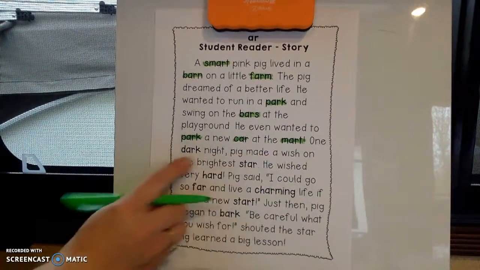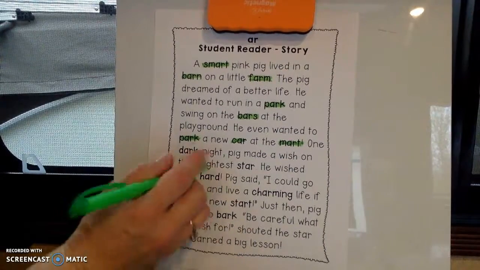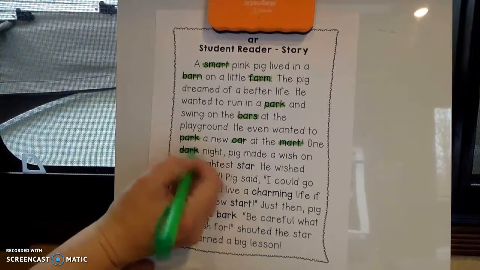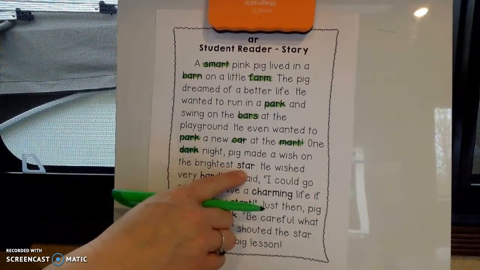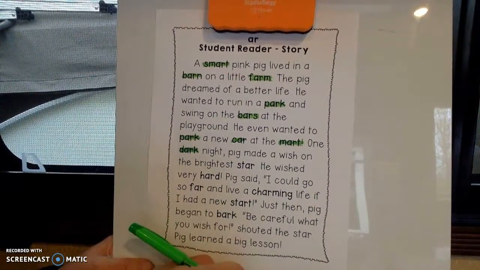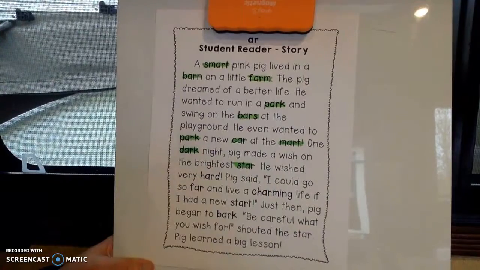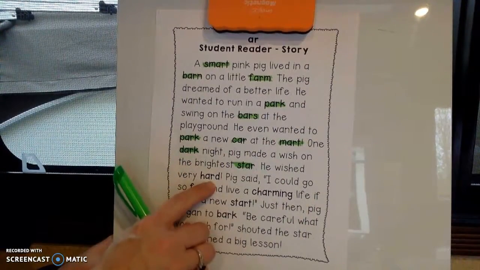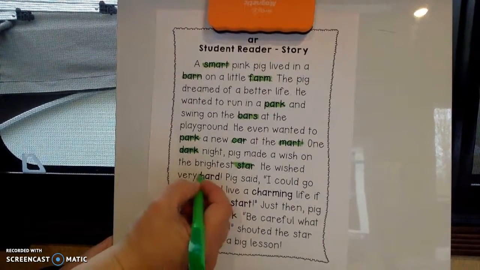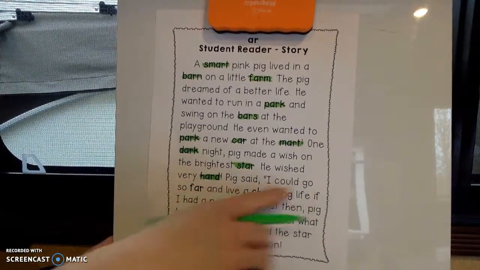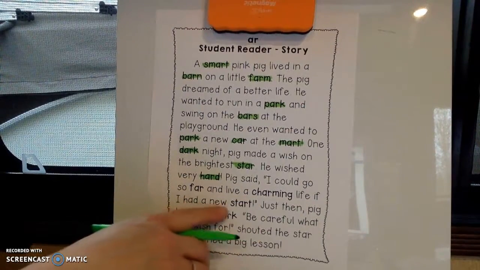One dark night, Pig made a wish on the brightest star. One dark, R, I heard it again. Dark night. Pig made a wish on the brightest star. Yeah, star. He wished very hard. You got it. Hard. Pig said I could go far and live a charming life if I had a new start.